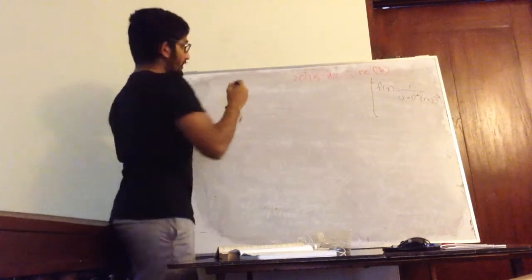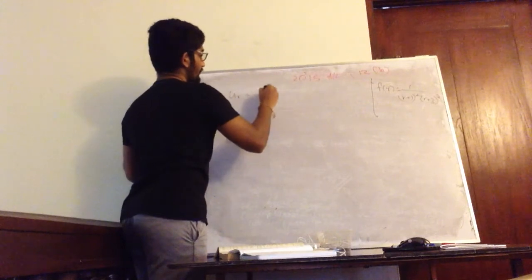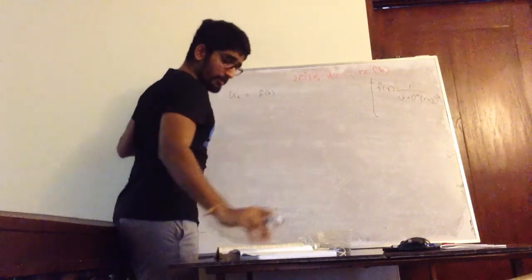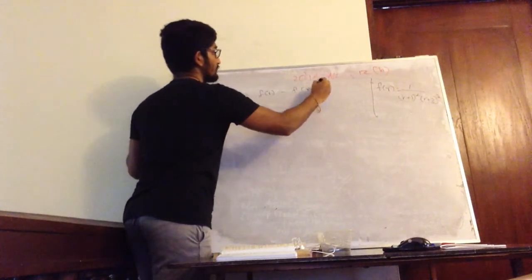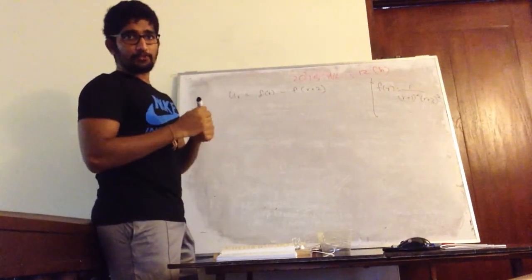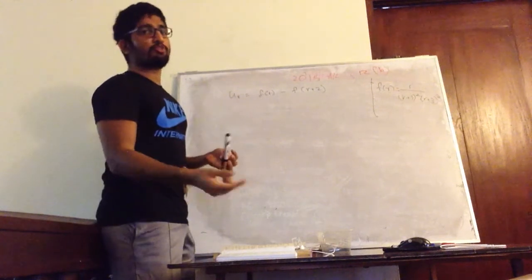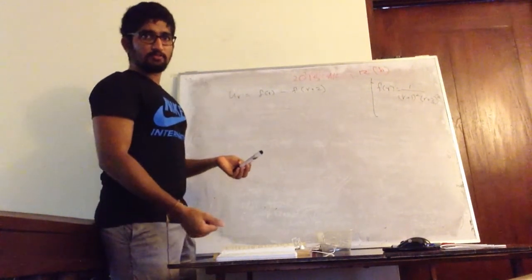Right, so now U_r is what? U_r is f_r minus f_(r+2), correct? So now we need to find the sum of the series.